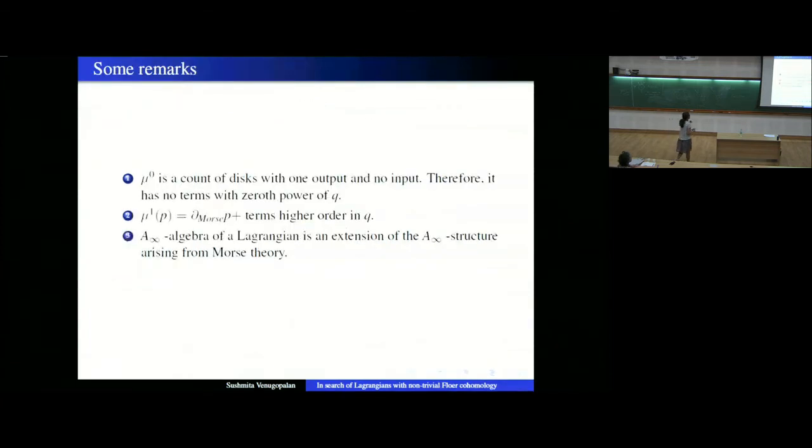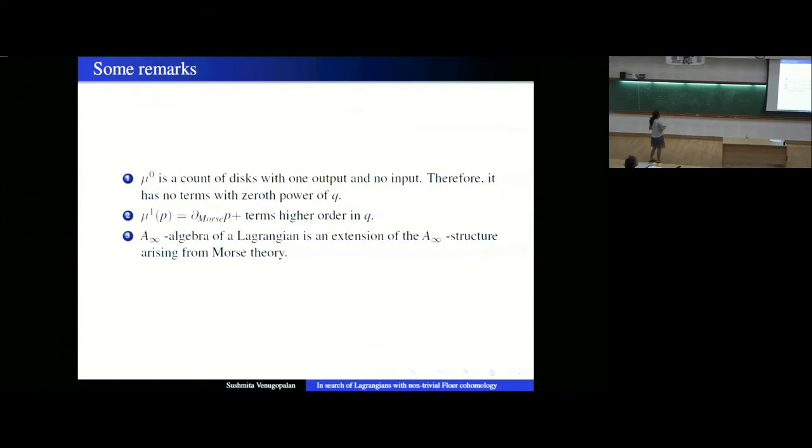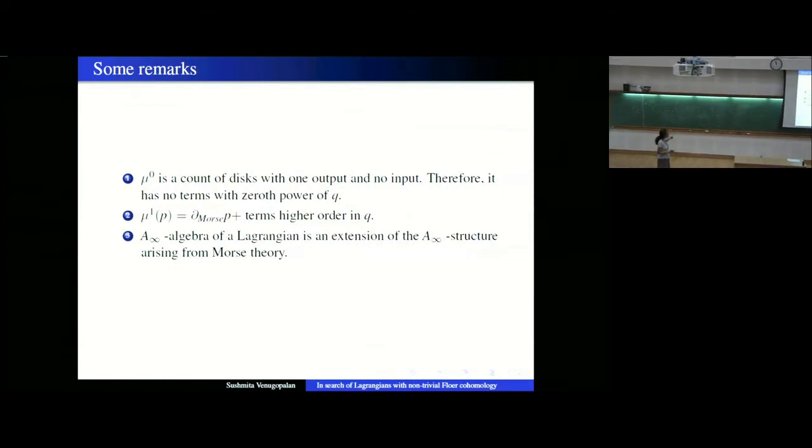Yeah, and then some observations about these structures I've just described. There's also a mu0, that's something which takes no input at all and just spits out an output. So that's just a disk. It's just a count of disks with one output and no input. Therefore, it has no terms with a 0th power of q.